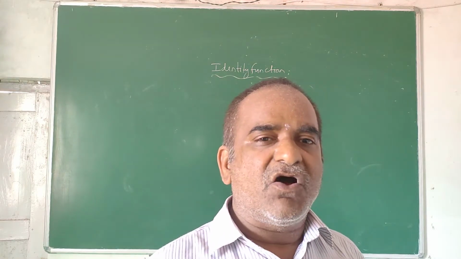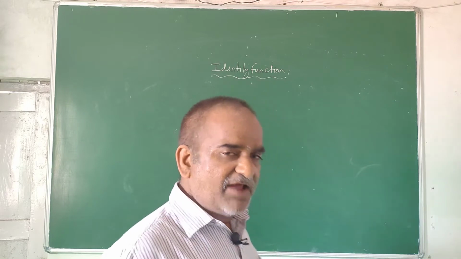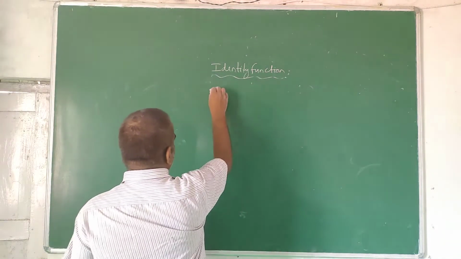So now, notation. Identity function on A is denoted by I_A hereafter.